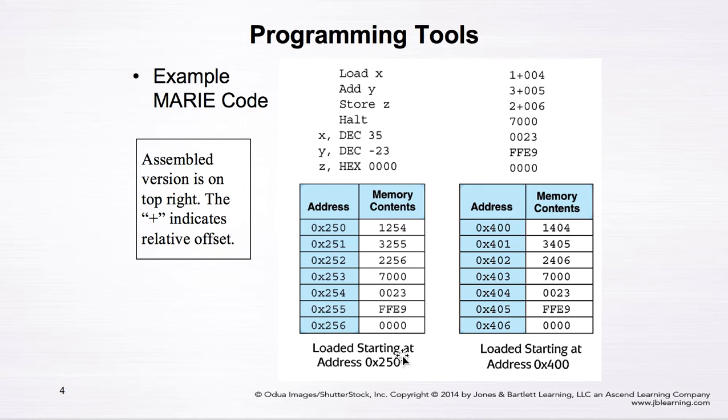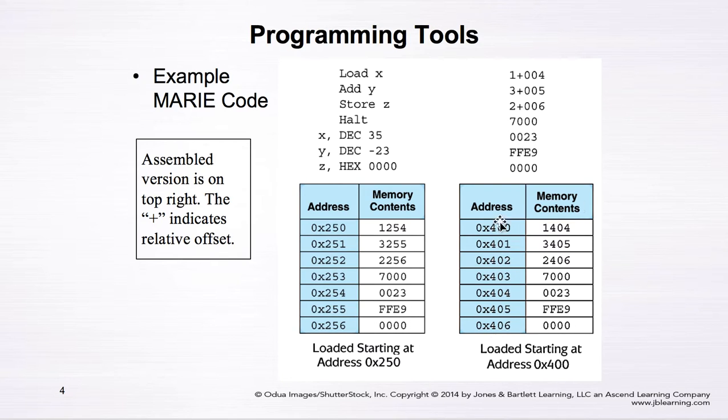Because it's starting at address 250, offset 4 is 254. The second instruction is 3, and the offset in memory is 5, so we have 3255. And this one has offset 6, so it's 2256. Here there's no offset, so it stays the same, and so on.